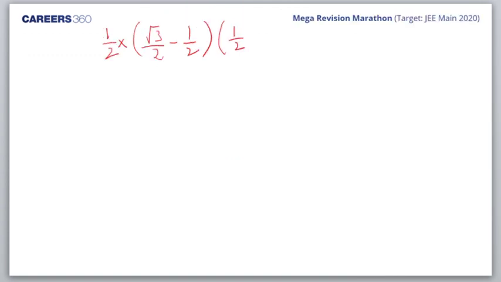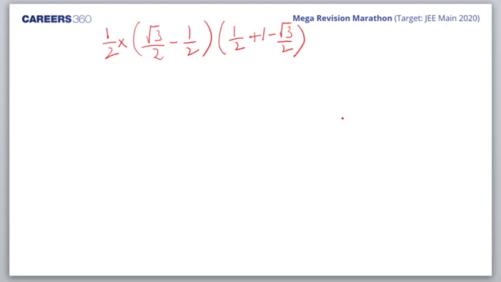So I go here, the area of the trapezium I was calculating. Half times the distance between the parallel sides I have done, and then this would be 1 - √3/2. Is that okay?